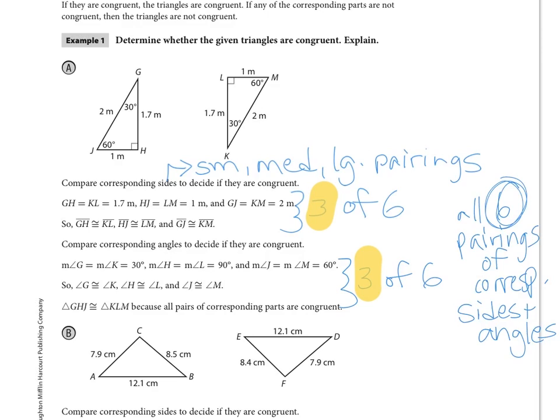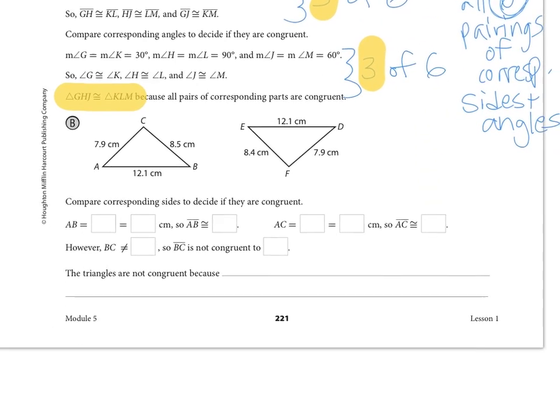If there's a failure in that process in any way, then you cannot determine that the triangles are congruent, okay? But because I've got all 6 going on here, we can now say that the 2 triangles are congruent. And notice that the order of those letters is in corresponding order, so that's important to keep in mind too. All right, let's go to the next part of Example 1, and now we have 2 new triangles.